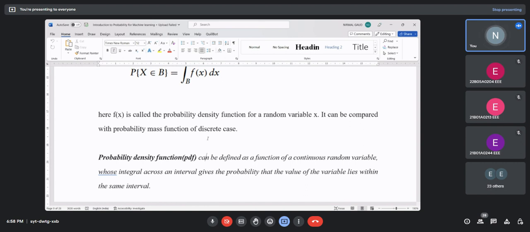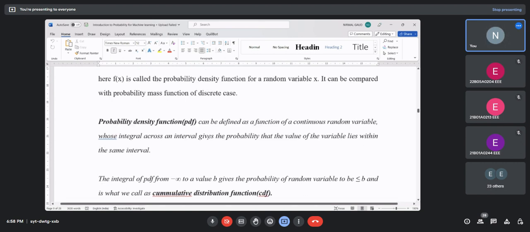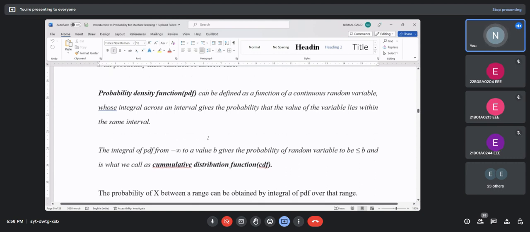But in case of a continuous random variable, I have the probability density function. Let us have some more discussion about PDF, because it is important. PDF is defined as a function of a continuous random variable whose integral across any interval gives the probability that the value of the variable lies within the same interval.